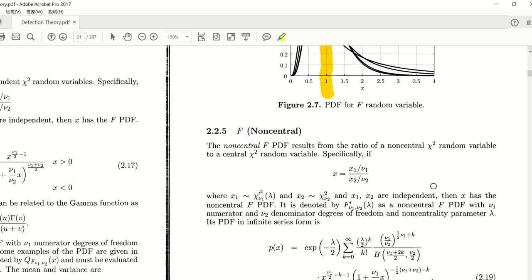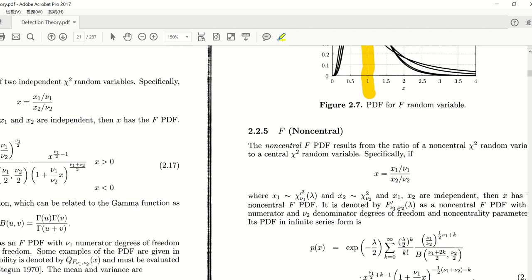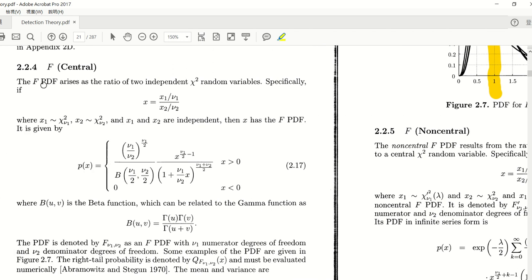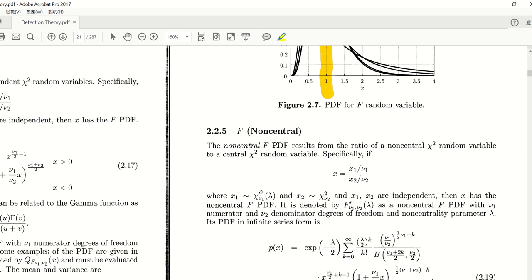And then let's continue on to the non-central F PDF. The central PDF is the ratio of chi-squares, and now non-central is the ratio of non-central chi-squares. So we have two random variables that are non-central chi-square.